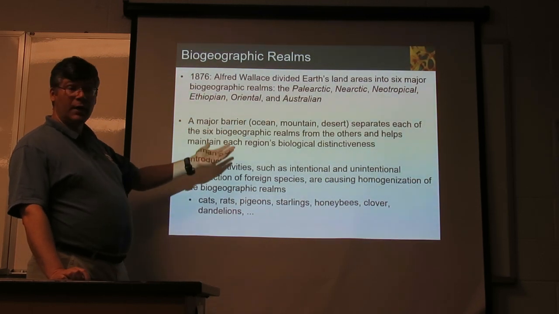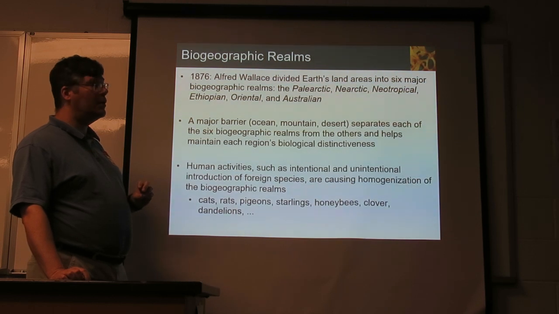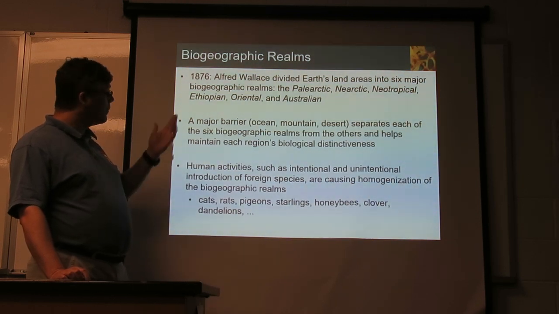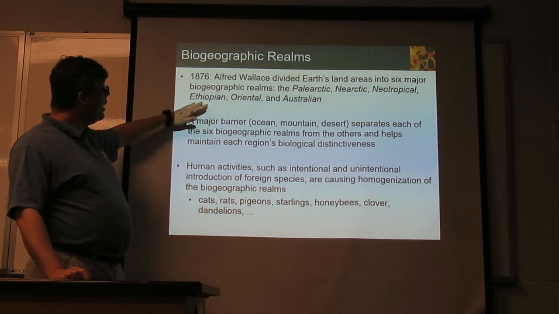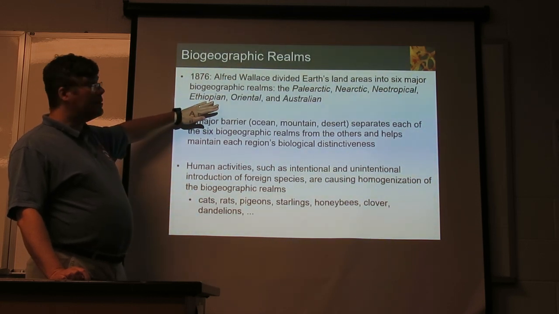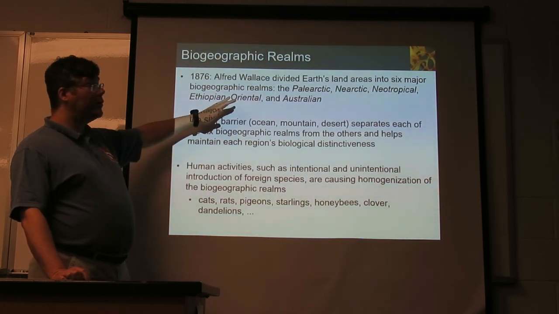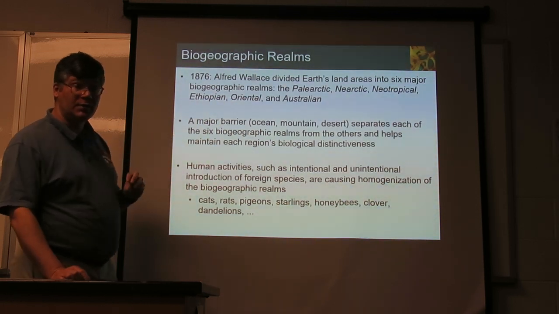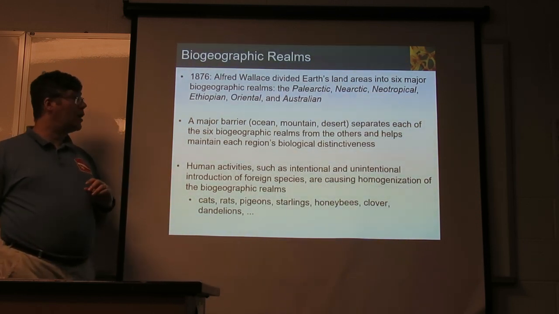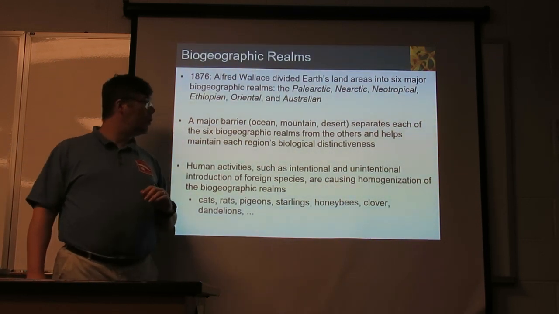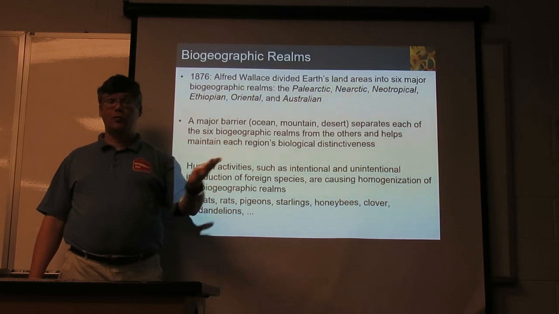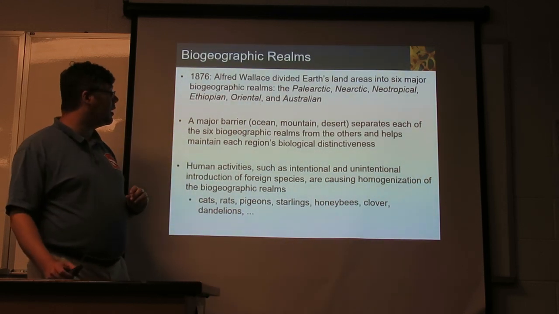Neotropical, the tropical parts of the New World, so Central America, Northern South America, Caribbean. Ethiopian, Central and South Africa, known to be different. Oriental, South Asia has unique things in there relative to other parts of the world. And then Australian, from New Guinea through Australia, very distinctive life there.